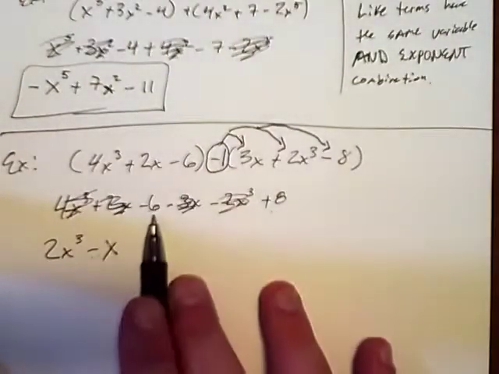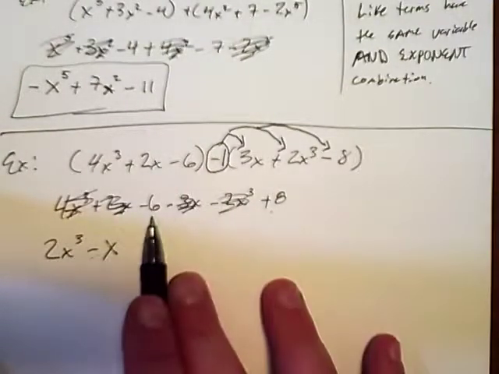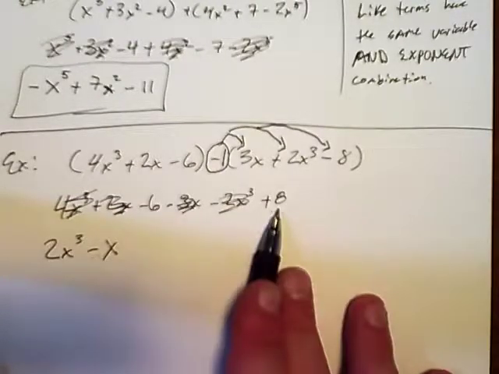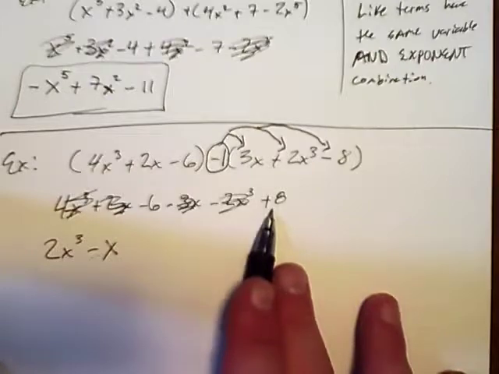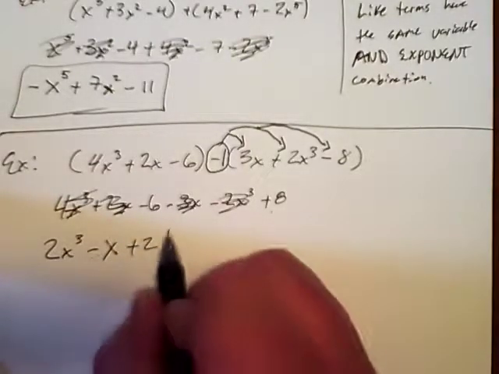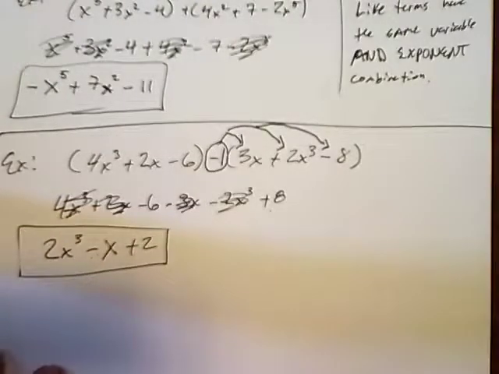And then finally I have a -6 and a positive 8. Well, if I think about my number line, starting at 0, go to the left 6 and to the right 8, you'll end up at 2. And that is how we add and subtract polynomials.